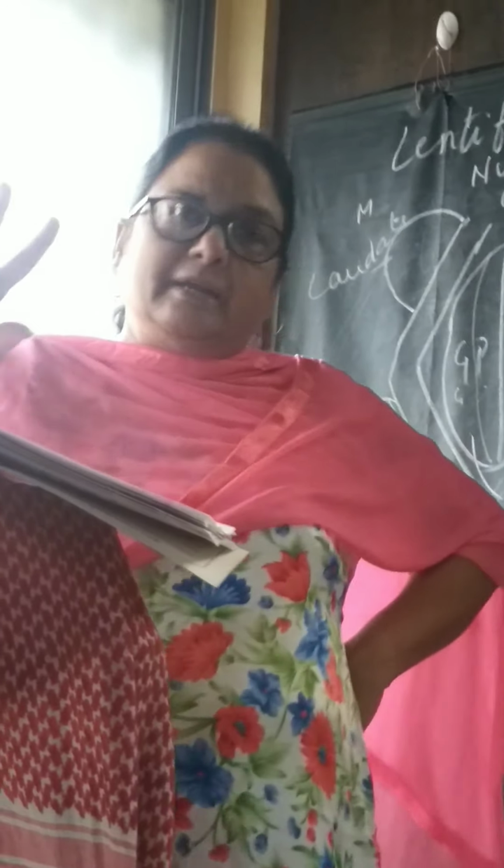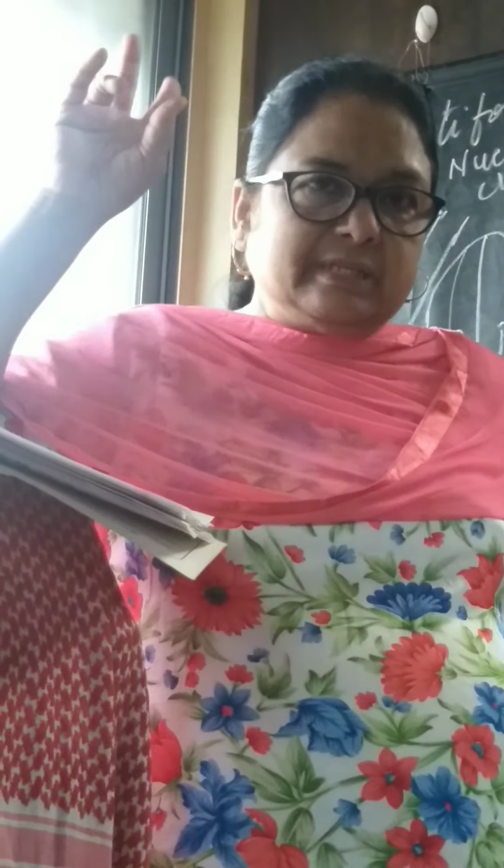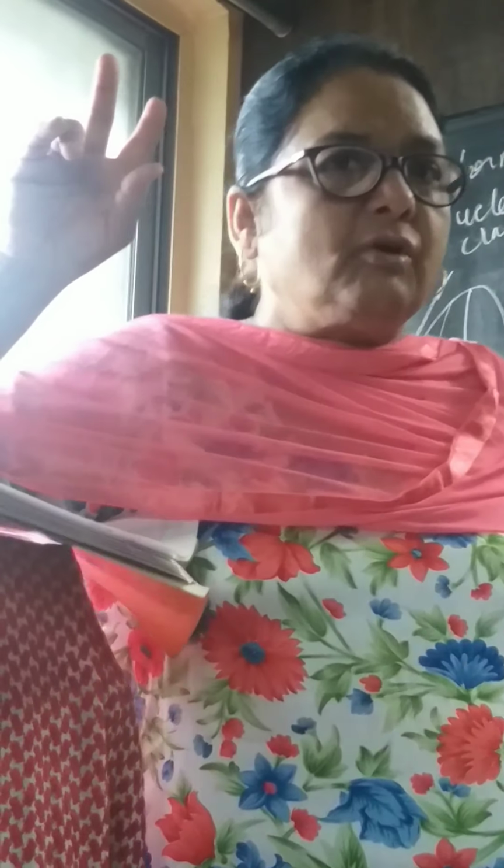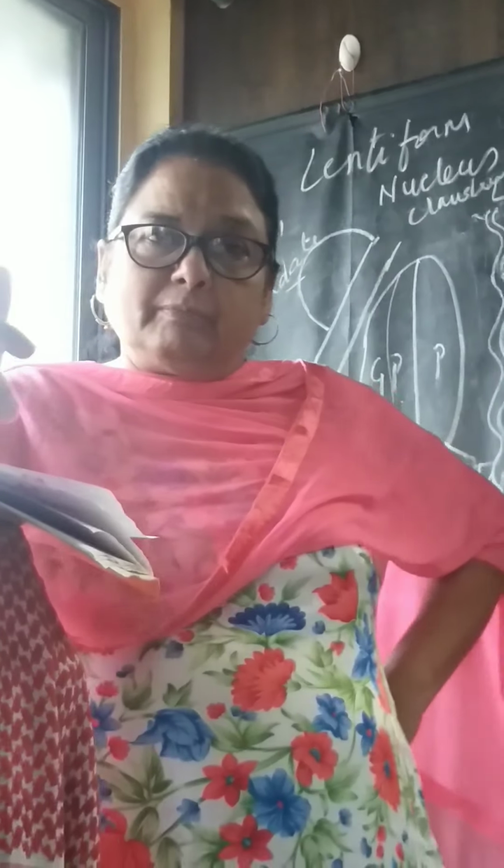The corpus striatum consists of two parts, the caudate nucleus and the lentiform nucleus. The caudate nucleus is situated within the concavity of the lateral ventricle, and within the concavity of the caudate nucleus is situated the thalamus. I talked to you about it consisting of head, body, tail. The tail end is ending into the amygdaloid body, and the lentiform nucleus is situated within the concavity of the internal capsule.